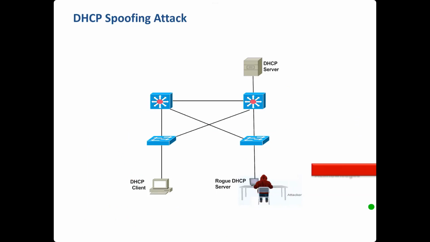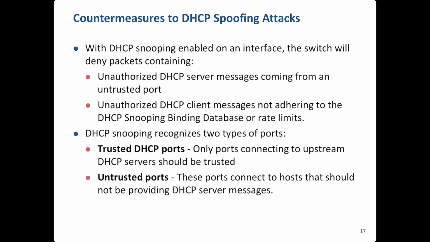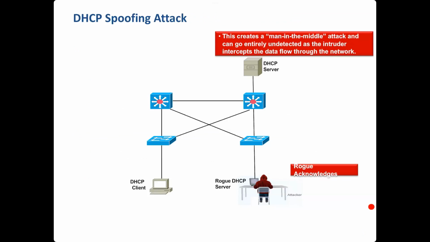What are the countermeasures? The countermeasure is that each switch should know which are the trusted ports. Statically, this has to happen right in the beginning: which are trusted ports and which are non-trusted ports. So these are the ports of a switch, right?